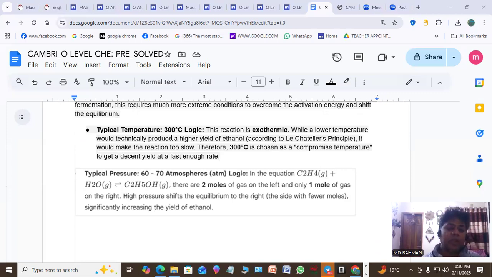So we should recall that there are six conditions: four for method 1 and two for method 2. Method 2 means catalytic addition, that is hydration, an industrial process. In industry, for the production of ethanol, we use 30 degrees centigrade temperature and 60 to 70 atmosphere pressure.